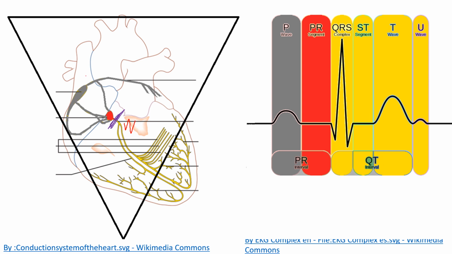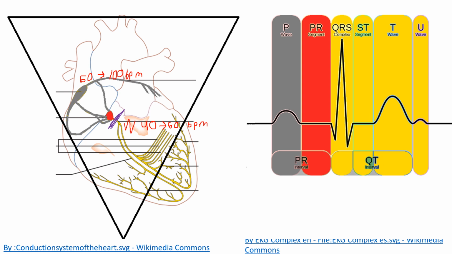And so this might be firing at 60 to 100 beats per minute. But this right here will only fire at 40 to 60 beats per minute. Right? And so that's the backup. That's kind of like the substitute pacemaker right there.